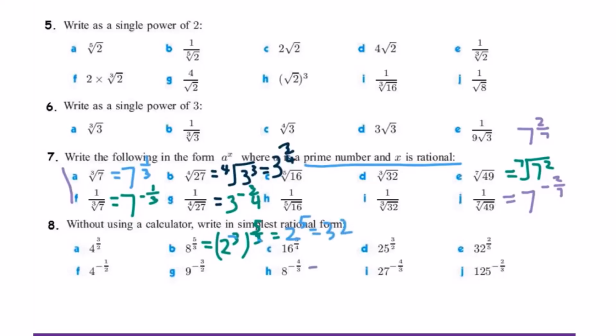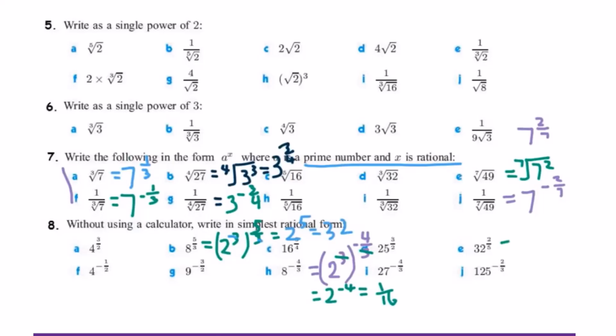For h, I can write down 2 to the 3rd power. Then I will do the negative 4 over 3rd. Then you reduce this 3, you will get the 2 to the negative 4th, means 1 over 16.